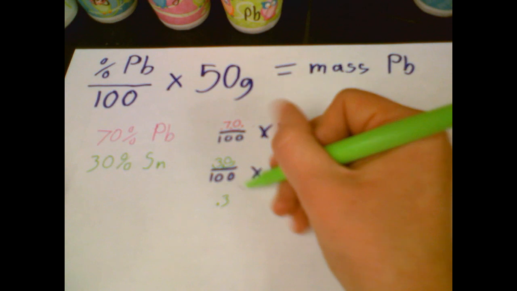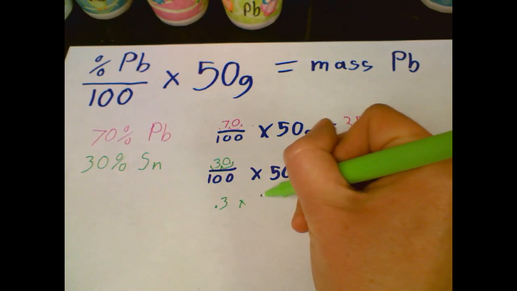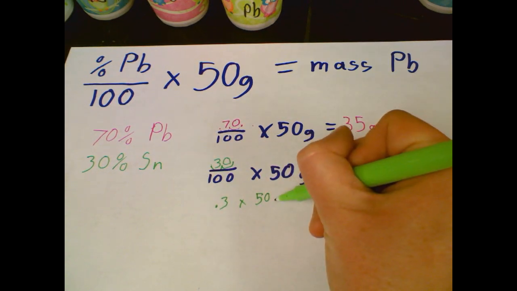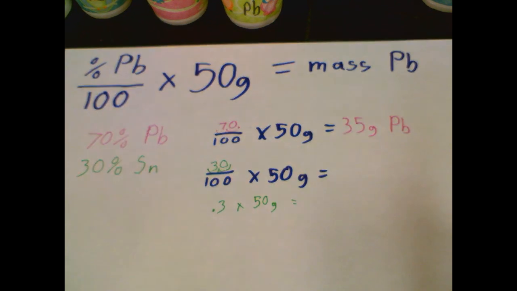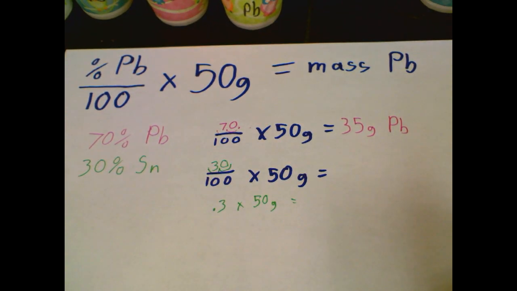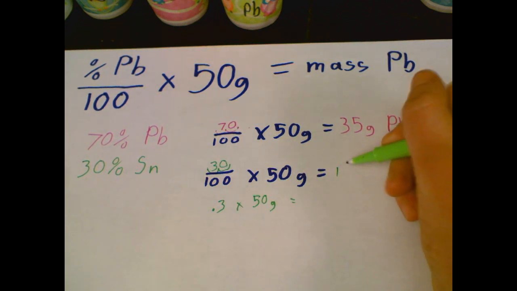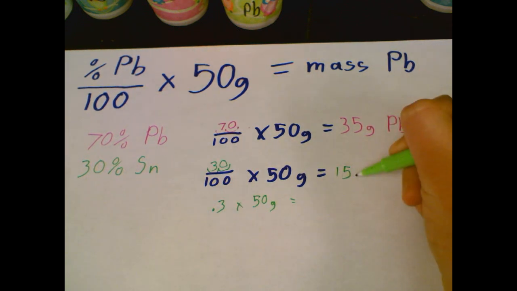So 0.3 times 50 equals what? Just think 3 times 5, it's going to be 15 grams of tin.